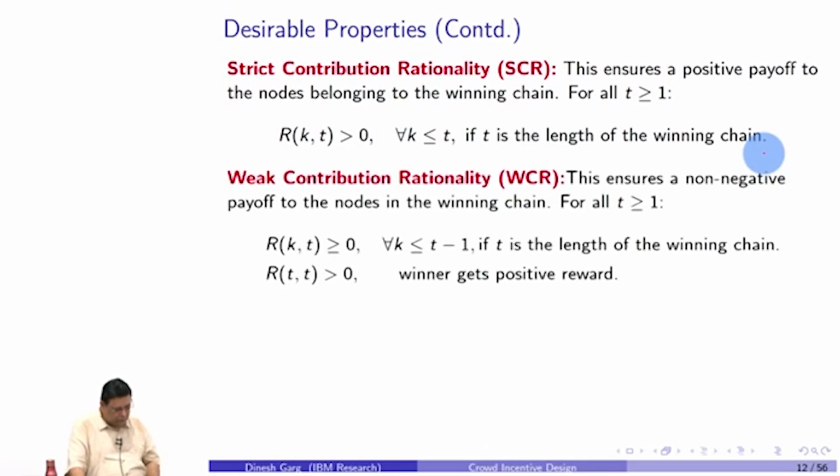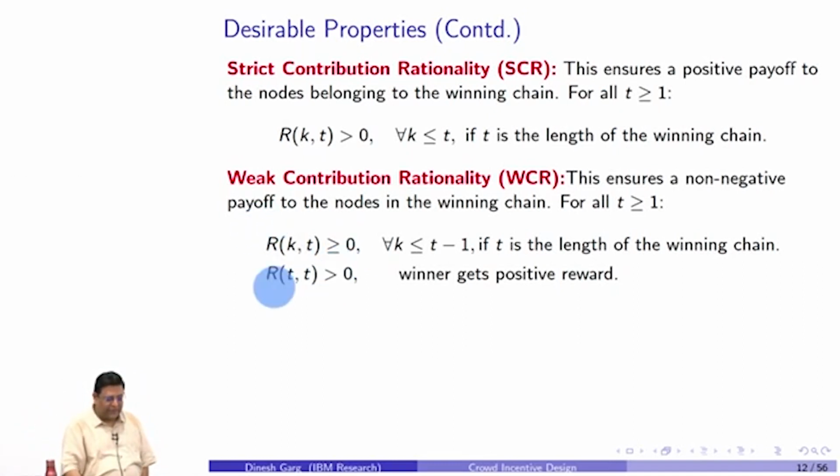Now, there is another thing called weak contribution rationality, WCR. This ensures a non-negative payoff to the nodes in the winning chain. So look at this, the only difference between this and this is, here we are saying that the guy who spots the balloon should definitely get the positive reward, but any person above it in the winning chain may get either 0 or positive reward.